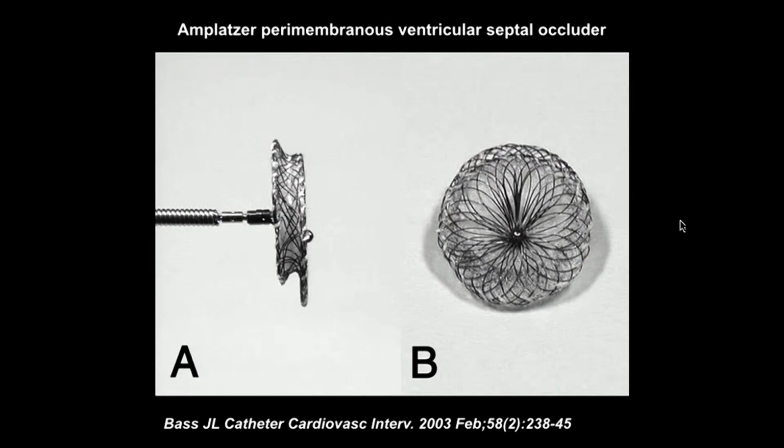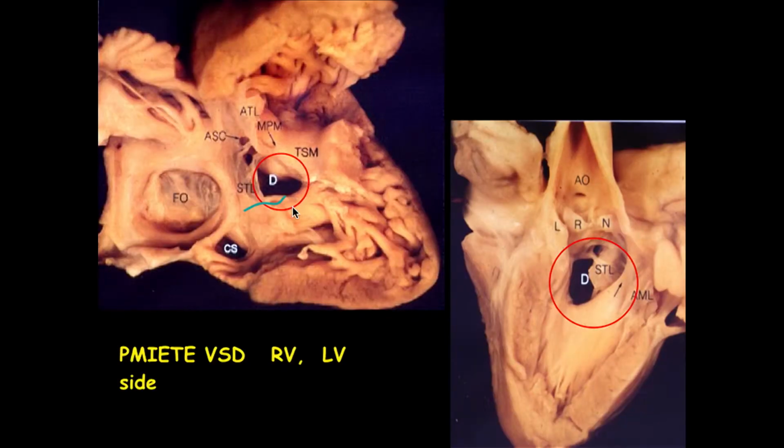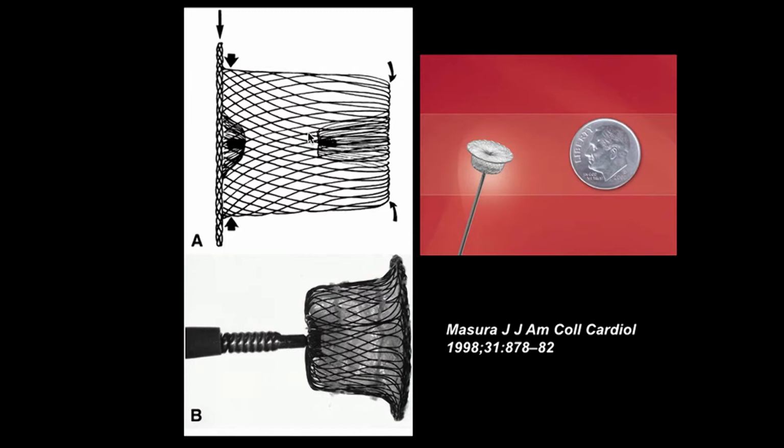When we use the Amplatzer muscular septal occluder, we can imagine on the right ventricular side, the RV disc covers this area, and it may compress the AV bundle. On the left ventricular side, the left bundle branch comes here, and the device touches the left bundle branch. So I used the Amplatzer ductal occluder instead of the perimembranous PM-VSD occluder.